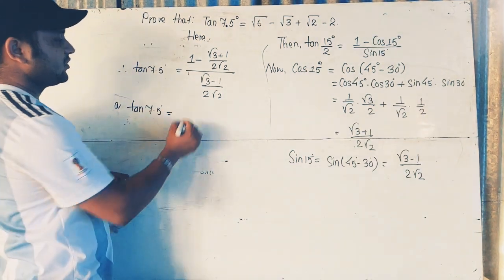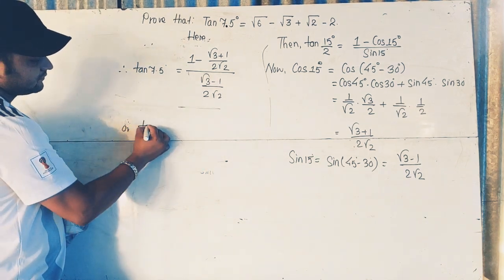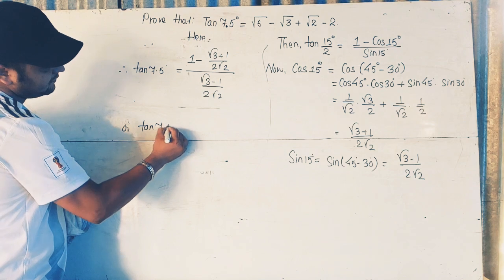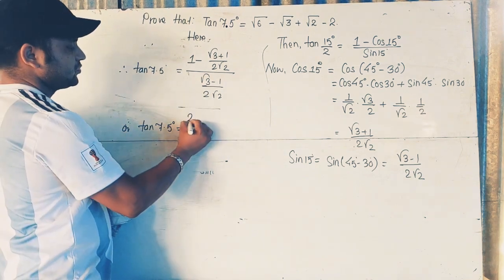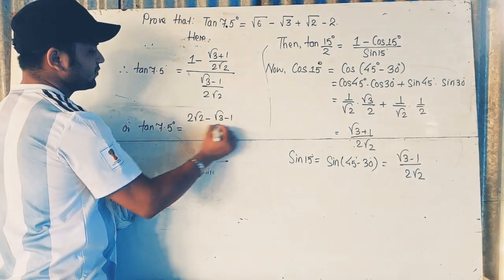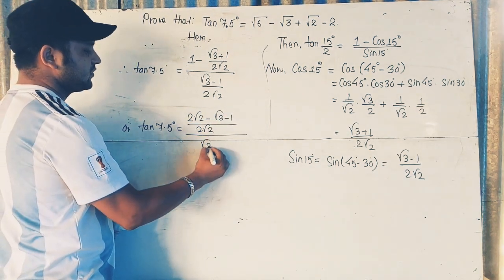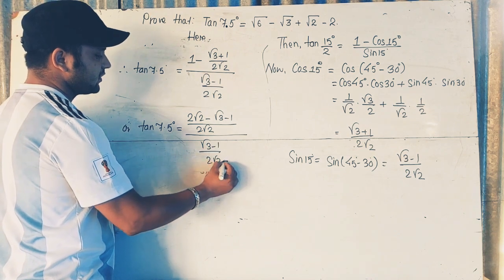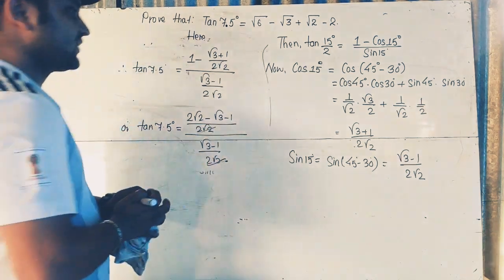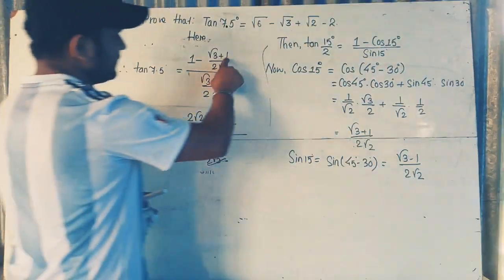Let us take LCM in the numerator. When you take LCM here in the numerator, what we will get here is 2 root under 2 minus root 3 minus 1 by 2 root under 2. In the denominator also you will have root 3 minus 1 by 2 root under 2. So you will get these two things cancelled. What I did is I substituted the value of cos 15 and sin 15 here.